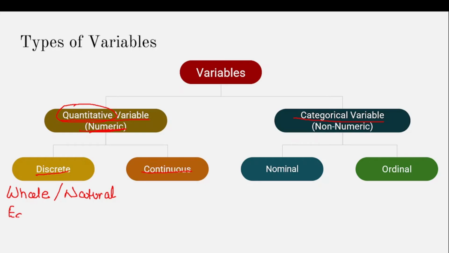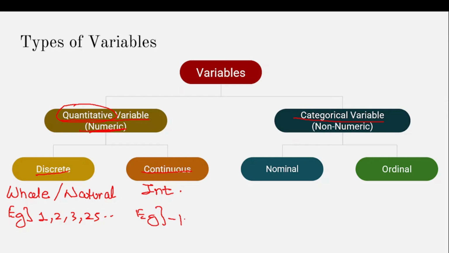So if we consider an example, a number such as 1, 2, 3, 25, and so on will be a discrete variable. On the other hand, a continuous variable will be integers. We can have any number falling in the continuous category.